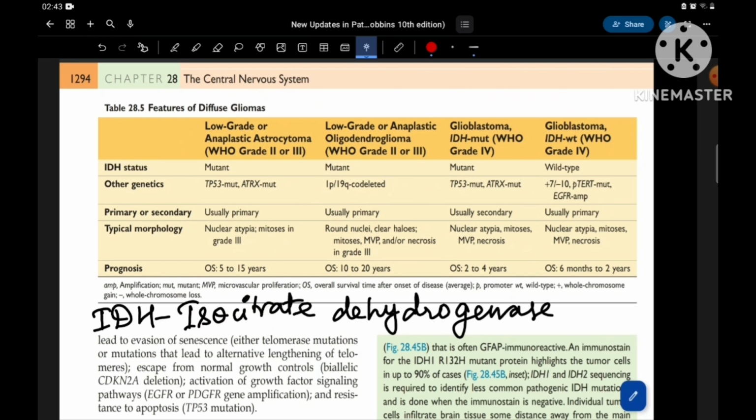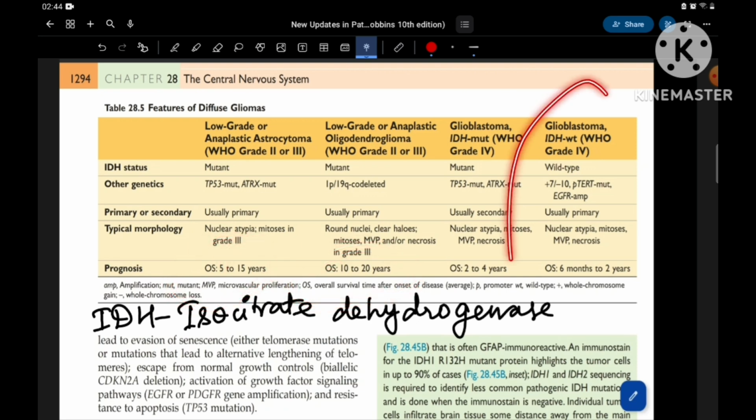So what it means is, a low grade or anaplastic astrocytoma patient can develop glioblastoma, or a low grade anaplastic oligodendroglioma patient can develop glioblastoma. They can move from primary to secondary, into this glioblastoma variety from their astrocytoma and oligodendroglioma variety, which has a considerably good prognosis.